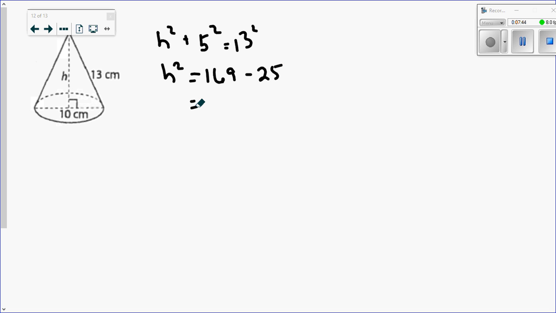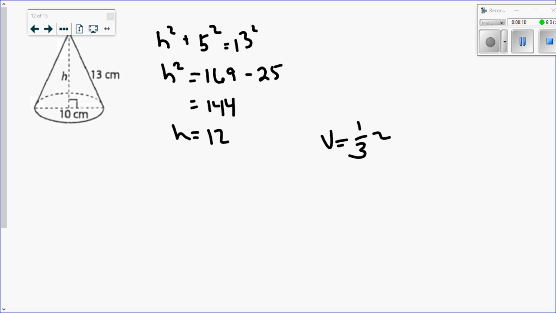13 squared is 169, 5 squared is 25, and bringing it over is minus 25. For those of you who are able to do this, go for it. You have my blessings. I can die a happy man if you do that. No, don't worry. My happiness only hinges on it. Volume equals 1/3.